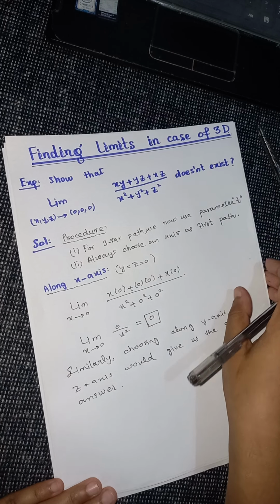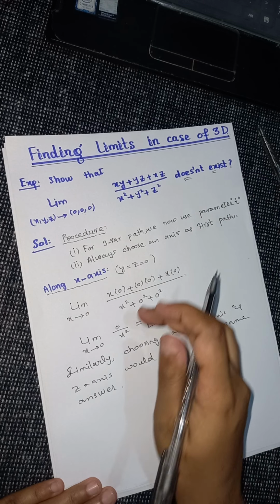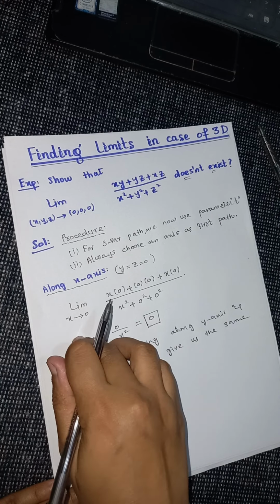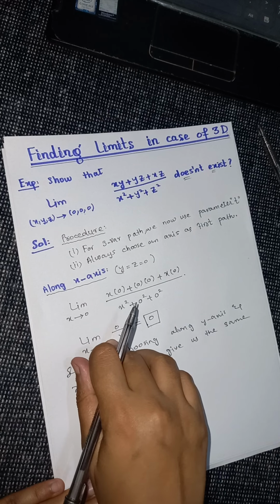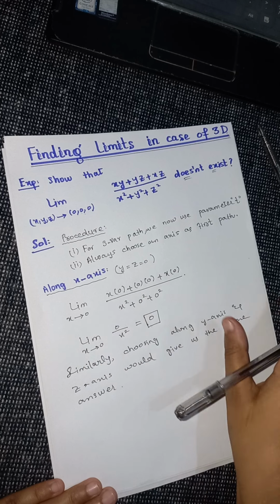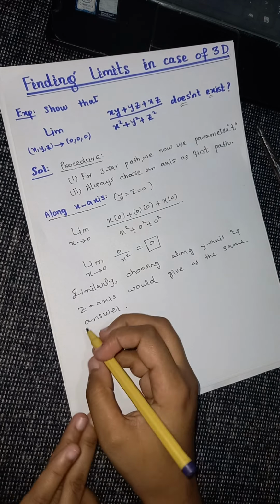Now students, as you know, we have to prove that the limit does not exist. So choosing along these paths, meaning along the x-axis, y-axis and z-axis, doesn't give us any particular value to show that it doesn't exist. So we have to choose along some sort of curve.